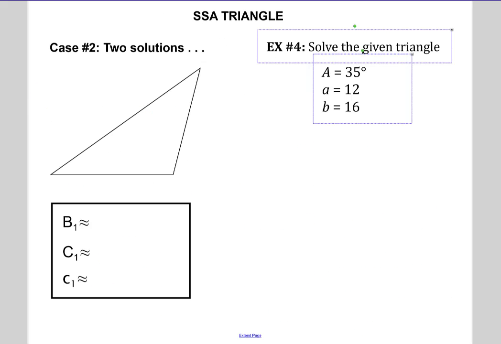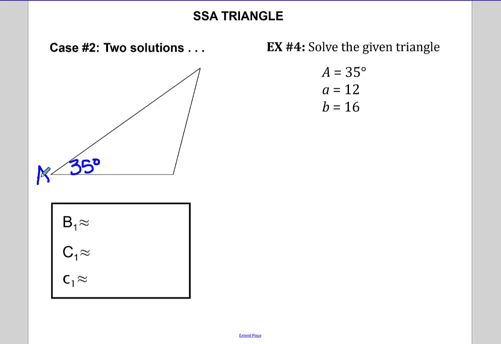Now, this one's supposed to have two solutions, so we'll give this a try and see how that works out. So they told us angle A is 35 degrees. So if I start here, A, B, C, A, B, C, little b is 16, little a is 12, and angle A is 35.